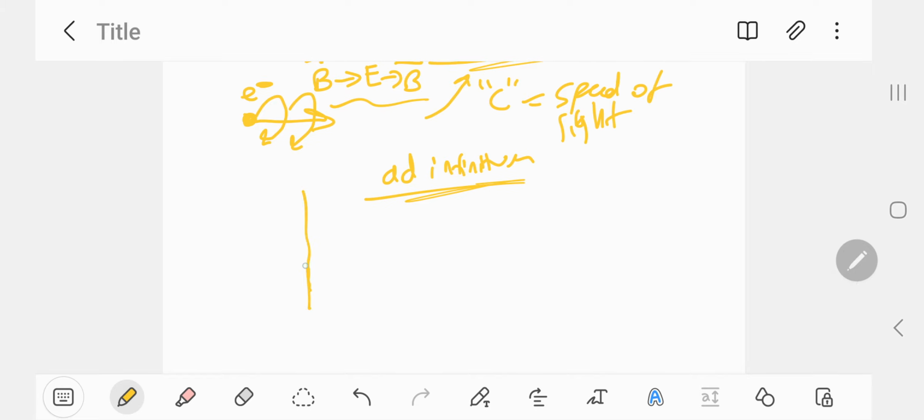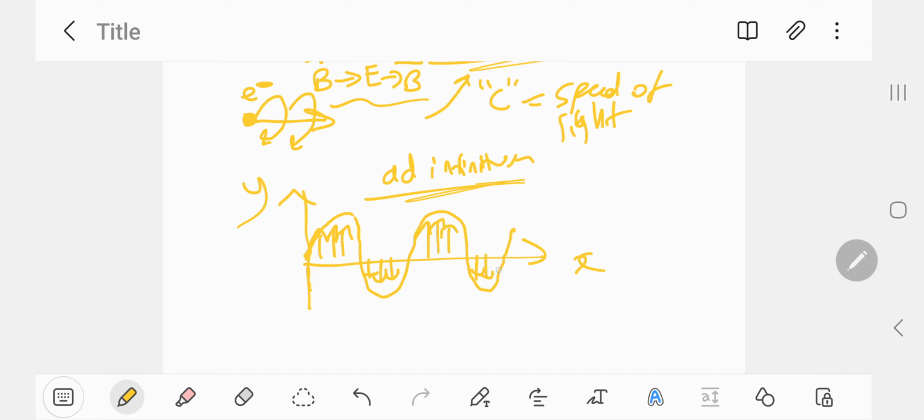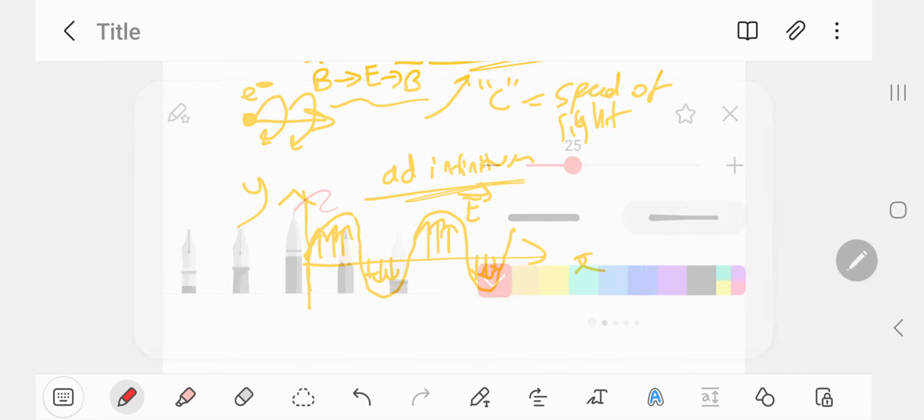So if I draw a set of x and y axes, let's suppose I'm going to choose this direction to be up and down for the electric field. Okay, electric field looks like this. It's got arrows. In real life, this is not what it looks like, obviously. It's just a graphical representation. The arrows tell you the direction of motion. So it's moving up and down in this case. Okay, E for electric field with an arrow on top. I'll use a different color for the magnetic field.